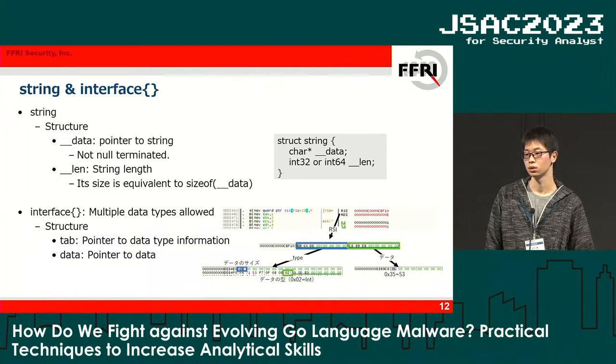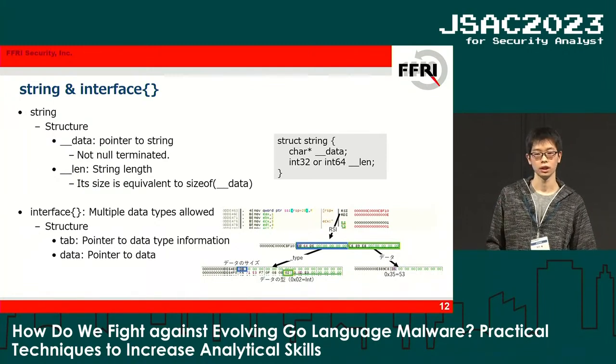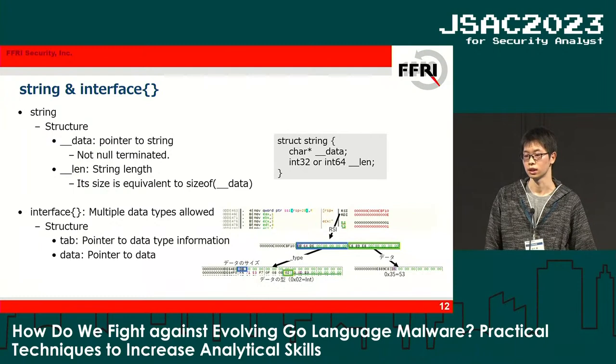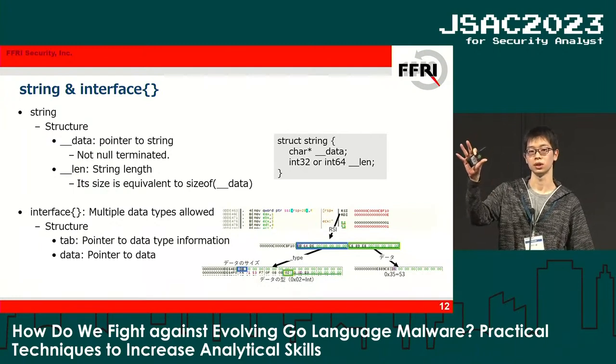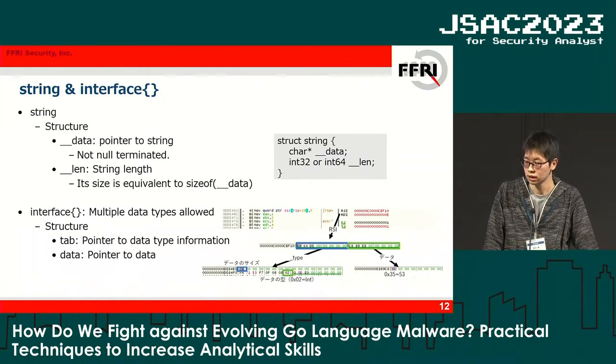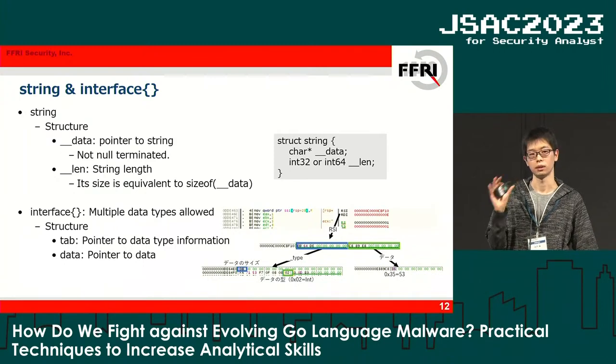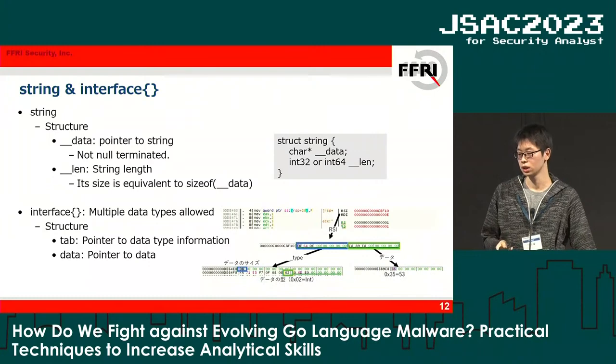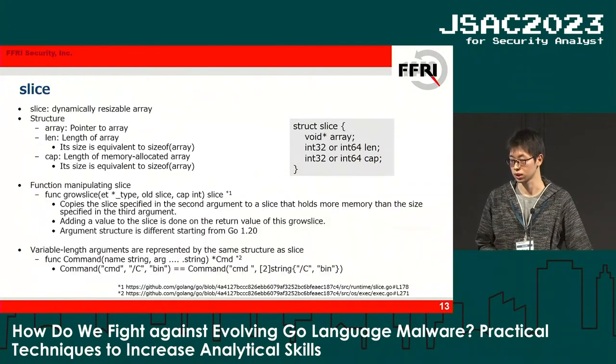Types such as interface are also structs, and there are multiple types, with a data pointer and an information pointer, which will be explained later. The data structure size and whether it's a struct or pointer is held, and we can get that sort of information during analysis.